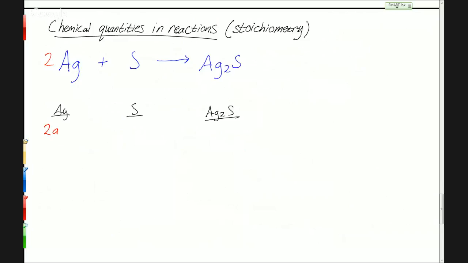So we have 2 atoms of Ag. How many atoms of S do we need? 1. That's what the equation tells us. And then how much Ag2S do we get? Careful. It's 1. It's just 1.